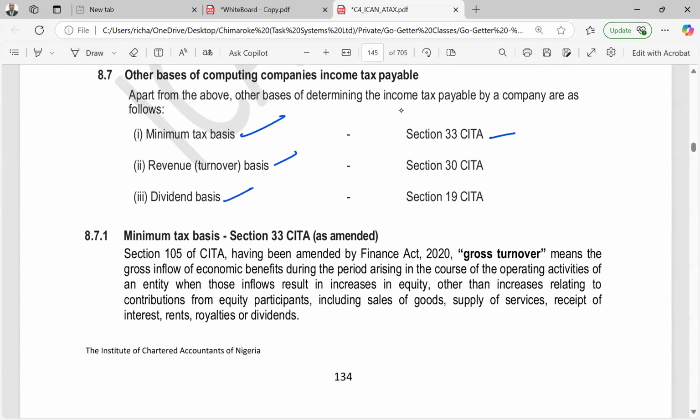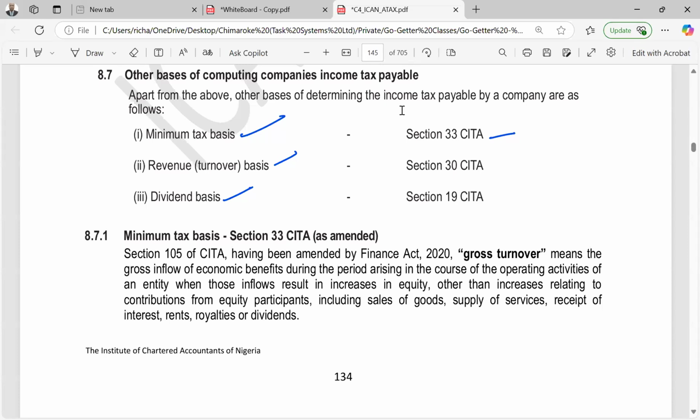Now, in minimum tax basis, according to the amended Act by the Finance Act 2020, gross turnover means the gross inflow of economic benefits during the period arising from operating activities, when this inflow results in increase in equity other than when we are contributing shares, which includes sales of goods, supply of services, receipt of interest, rent, royalties, or dividends.